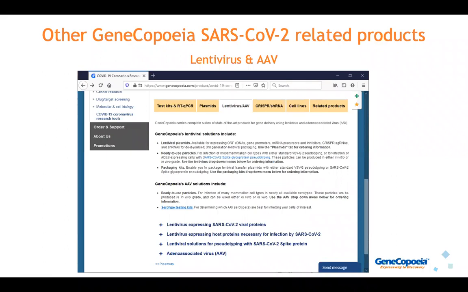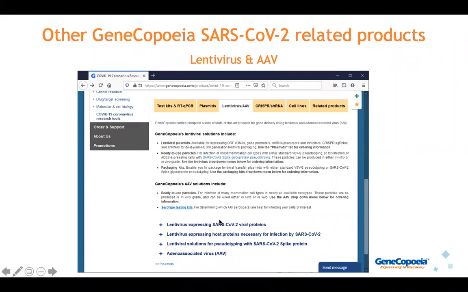Lentivirus is great, as you might know, for studying gene function in cells, either in tissue culture or in animals. AAV, or adeno-associated virus, is more suitable for gene therapy style research or in vivo research.